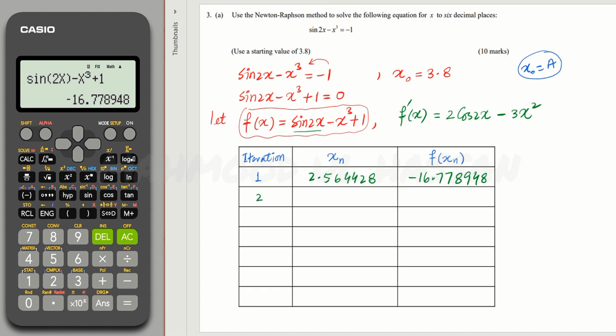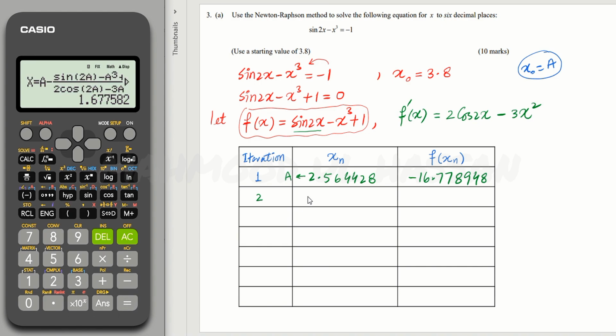Okay, and now we are going to move to the second iteration. So now this previous approximate root is considered to be our a. Again you have to press the calc button, and now you have to put the value of a as our previous approximate root, that is 2.564428, and then you have to press the equal.